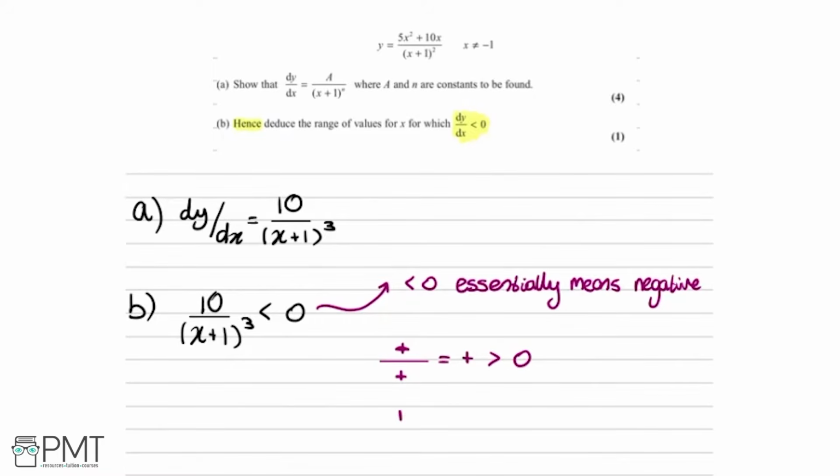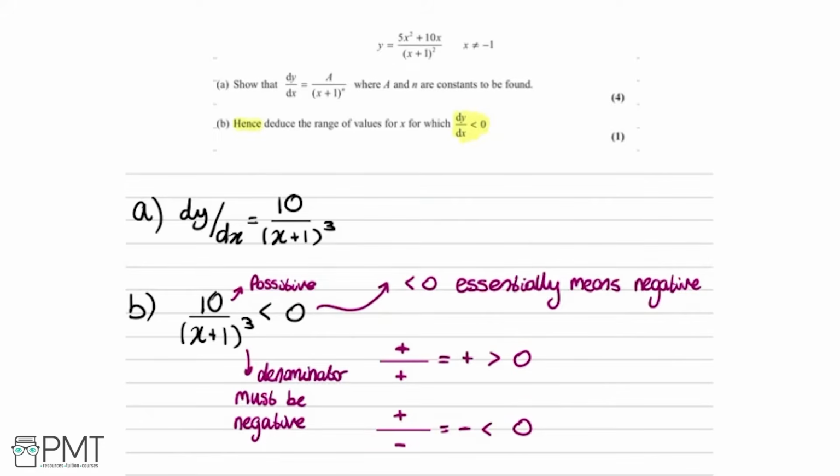If you've got a positive over a negative, that equals a negative, and that's less than 0. So we can see up here that this number is positive in the numerator, therefore the denominator needs to be negative for this condition to ever be true.